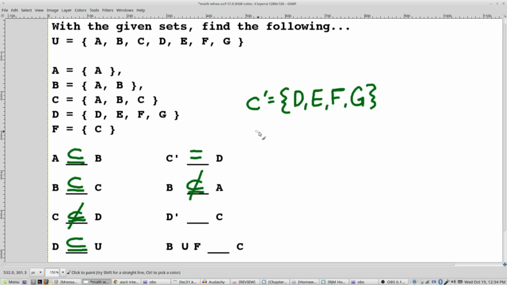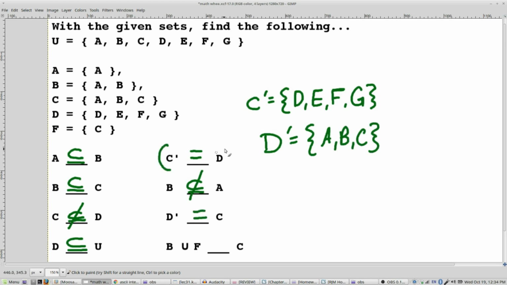D prime, is that a subset of C? So let's say D prime is equal to, let's look at this. We'll just skip these in the universal set. We'll have A, B, and C. So actually they're equal.